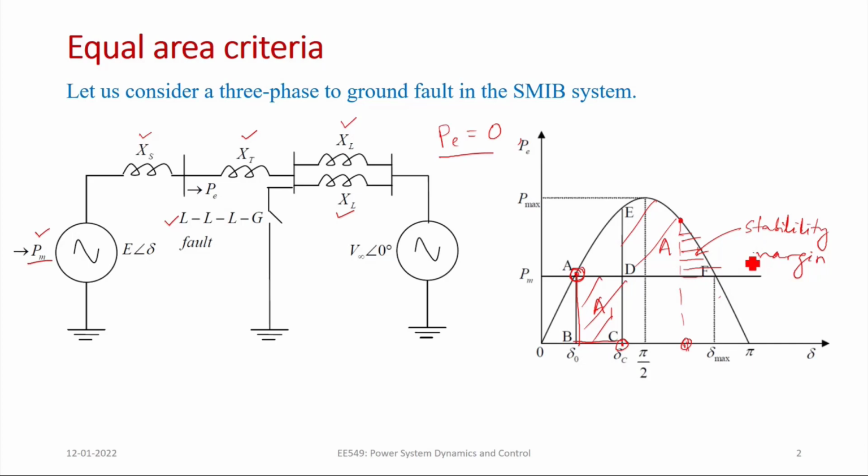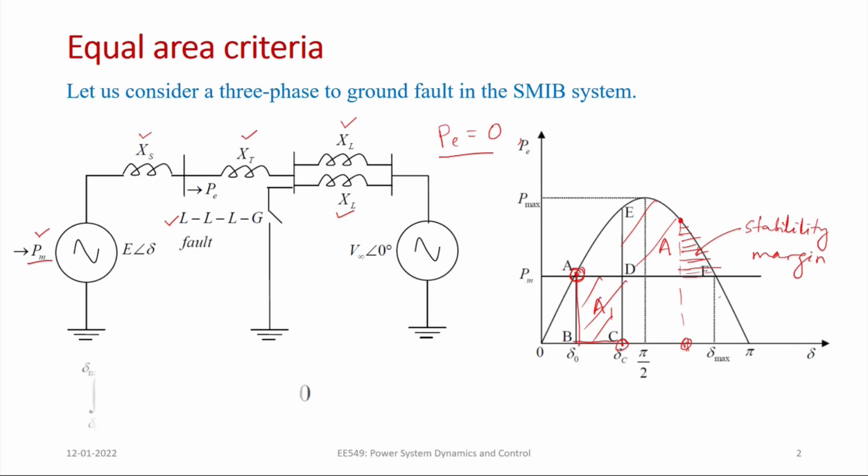If we calculate this area, it will give us the stability margin of the system, that is, the distance by which the system, if it is further disturbed, can prolong the disturbance without any instability, right? So this is your stability margin.